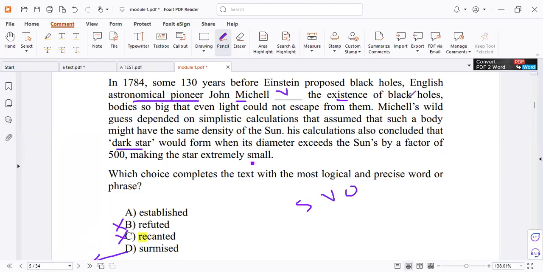So look, Michael's wild guess. But what did he do? He guessed, not established. Do you remember?